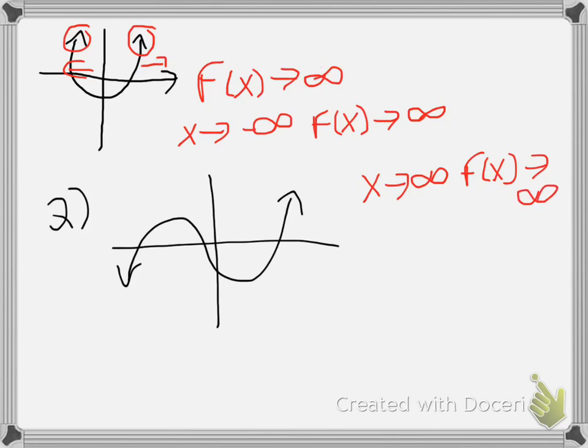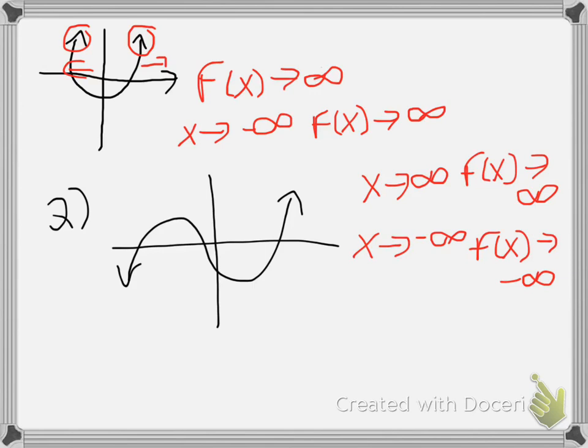Infinity. What about for the other side? As x approaches negative infinity, what happens to f of x? Well, it's pointing down, so that's negative infinity. Okay? So I'm going to leave number 3, 4, and 5 for you.